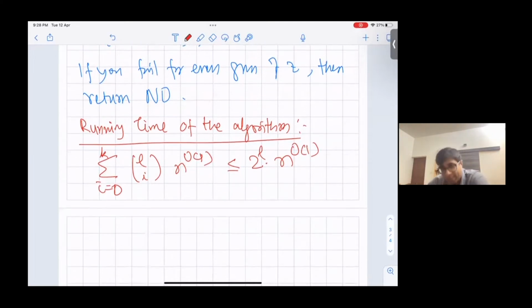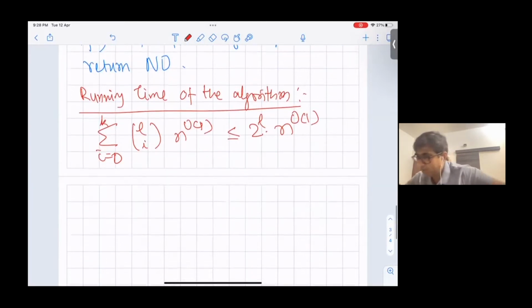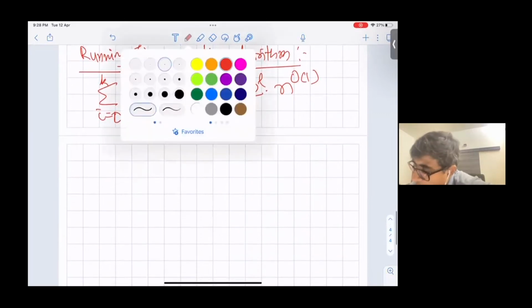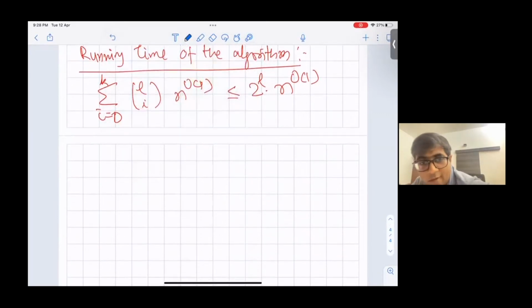Is everybody happy with this algorithm? Okay. So here's a question, I don't know whether this is an open question or not, but here's question number 1.